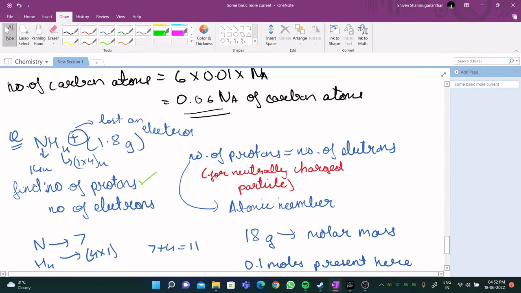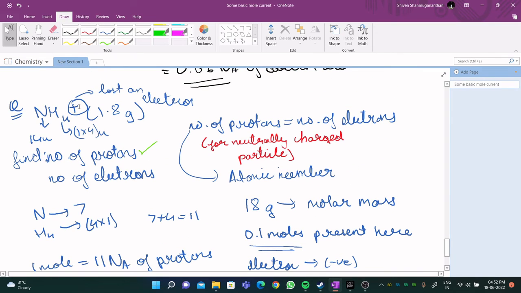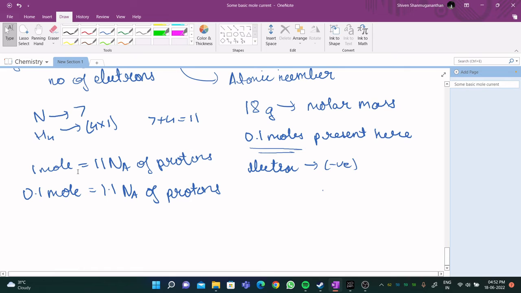But as we said, it lost one electron, so we take 11 and subtract 1, and we get 10. 1 mole is equal to 10 into Avogadro's number of electrons.